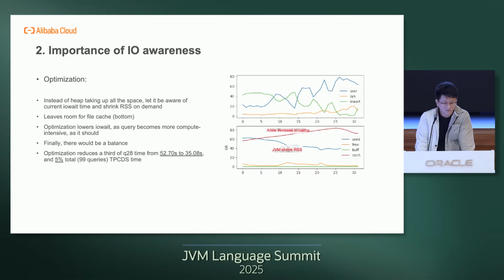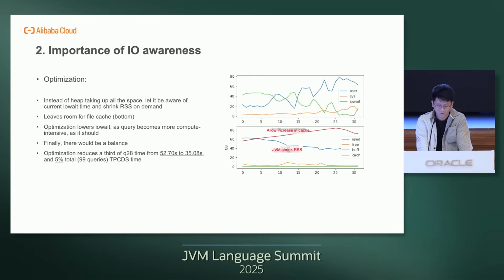So an optimization idea is that instead of letting the heap take up all of the space, we can let it be aware of the current I/O wait time and shrink the heap on demand.